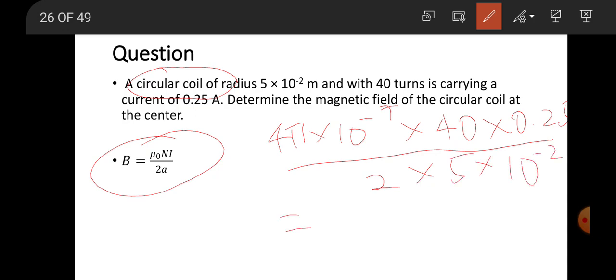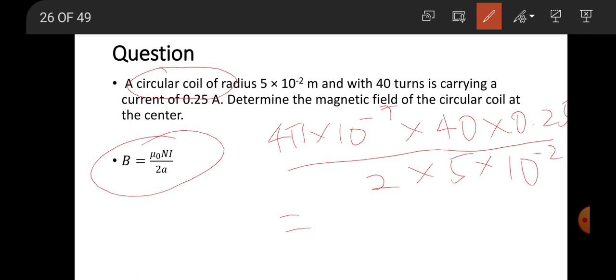Okay, now if we use our calculator to get that done, let's do that quickly. We have 4 pi times 10 to the power minus 7 and multiply by 40, then multiply by 0.25, and the denominator we have 2 times 5 times 10 to the power minus 2.